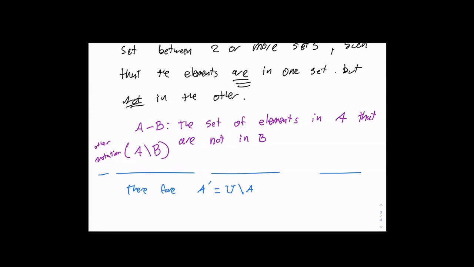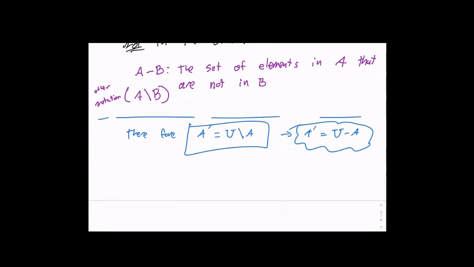We can define the complement as the difference between the universal set and the set A. So A prime is defined as everything in the main set, the universal set, minus A. You can write it either way.